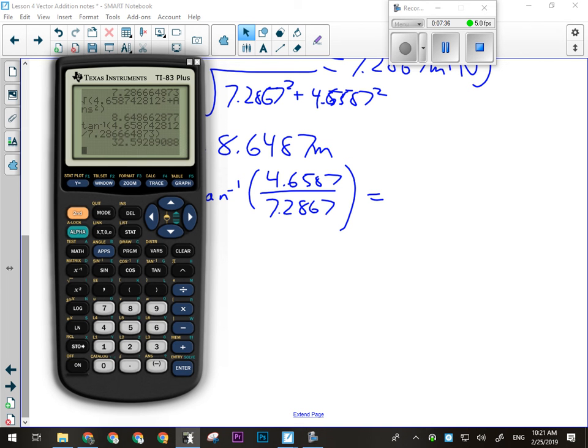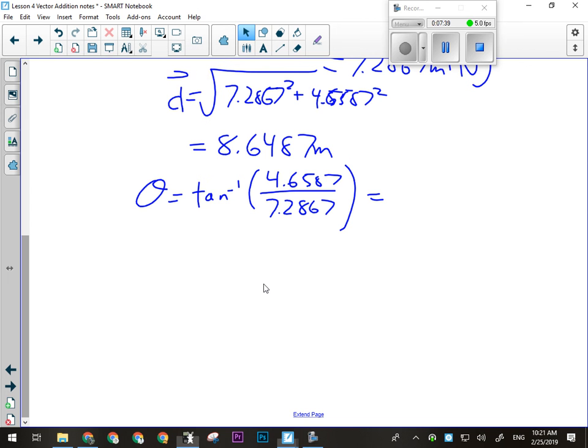All right, so I'm looking at a 32.59 degree angle. And that is going to be east of north.